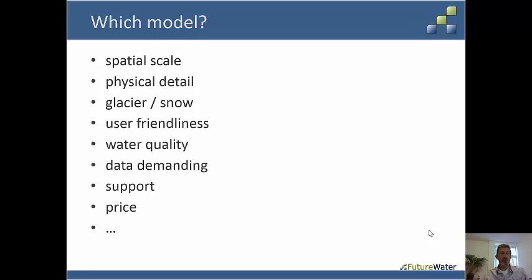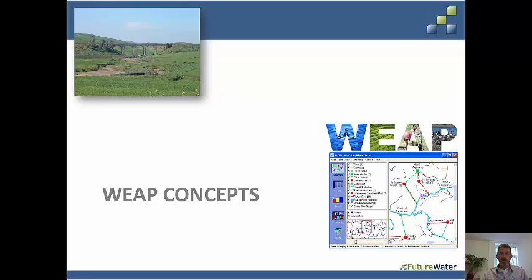Of course, also whether you can get support from the developers. And of course, whether the model is for free or whether you have to pay something for that. Now let's start with just a couple of slides on how the WEAP model looks, and then later we go to a practical example of what you can do with WEAP.